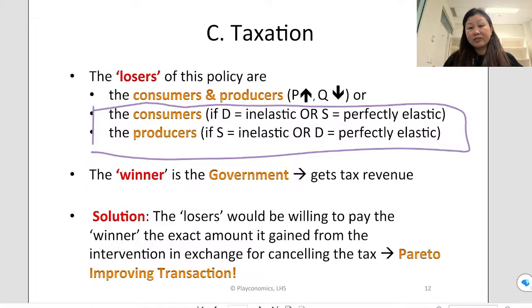And both sides agree, because the producers, you might think, why would the producers do that? Well, they were losing $150 million. By giving the $100 million to funding, they're doing some good, but they're losing $50 million less. The health advocates are happy, they're winners. The consumers and producers are losing $50 million less, and they're winners as well. So that's a Pareto improving transaction.